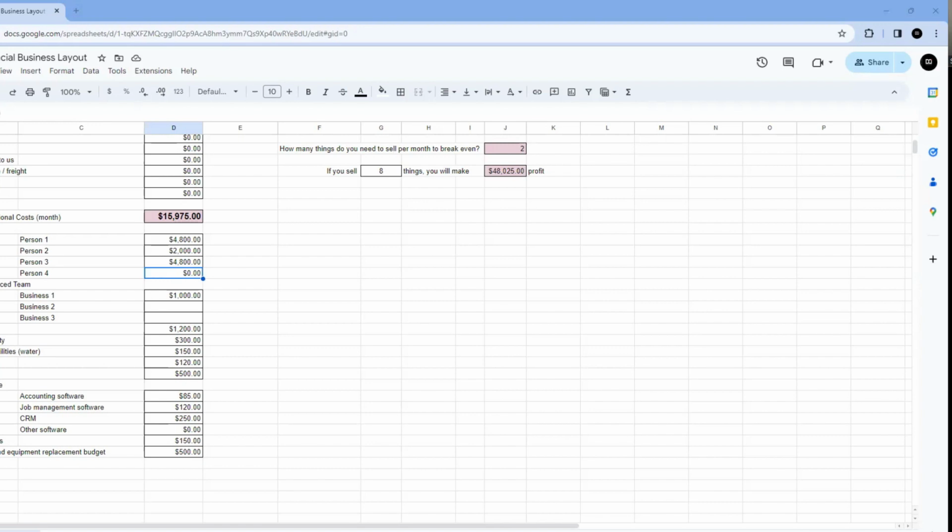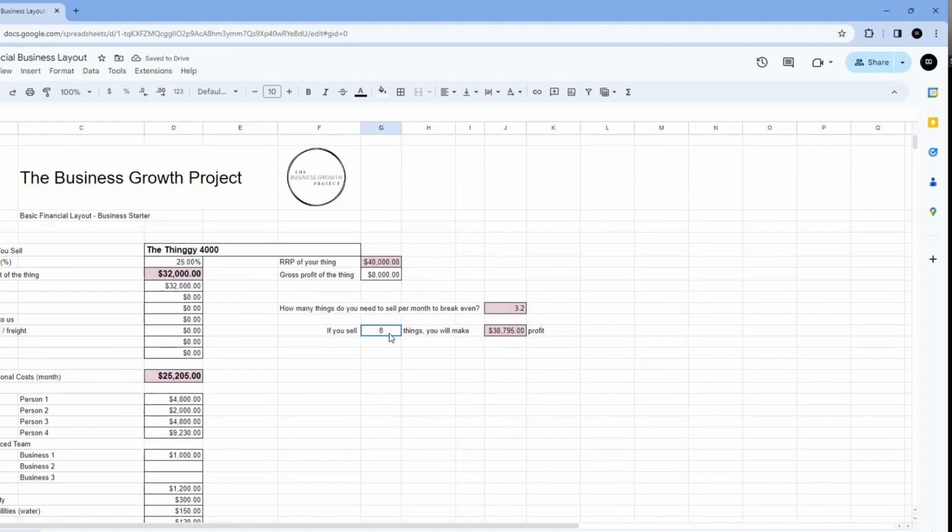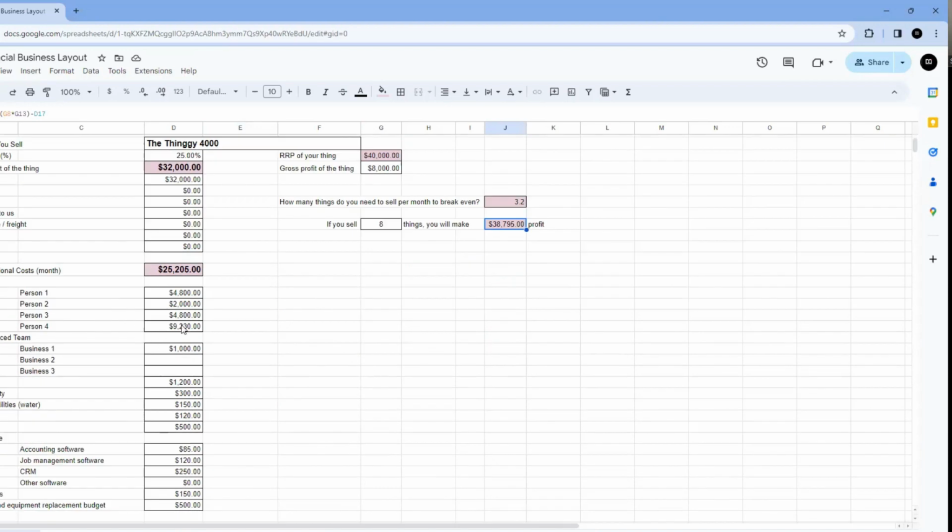So 9,230. If I need to bring someone in here at this point, 9,230, now all of a sudden, our 8 units per month is becoming more of a requirement than it is a lovely futuristic target. As you can see, our profit is dropping notably because we've needed to increase our staffing costs.